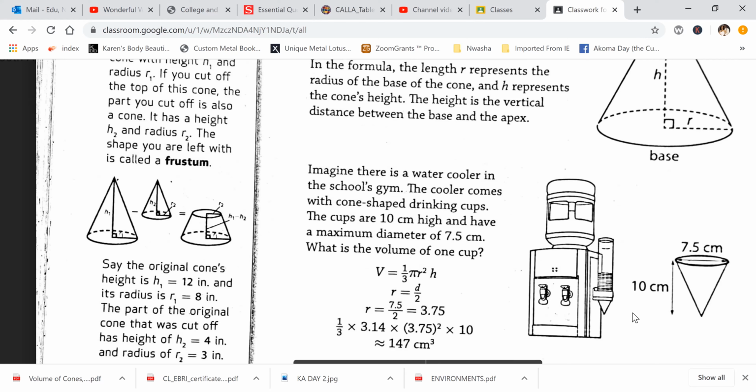What did you get for the volume of the original cone?